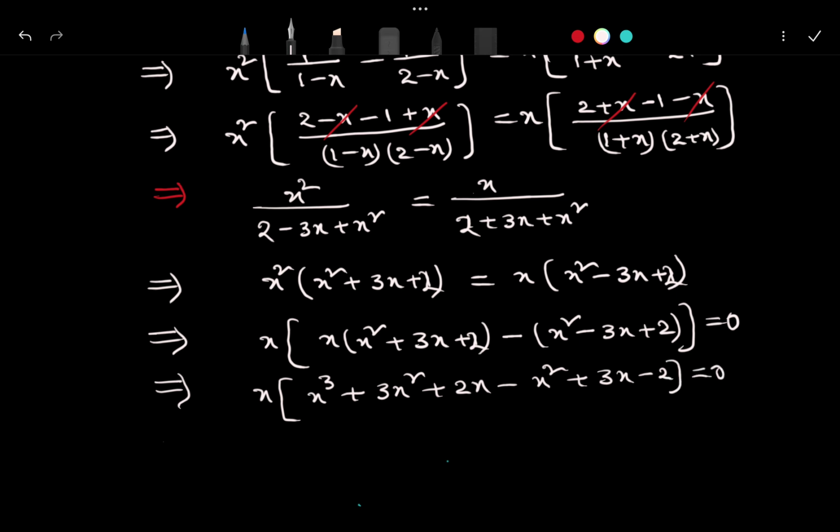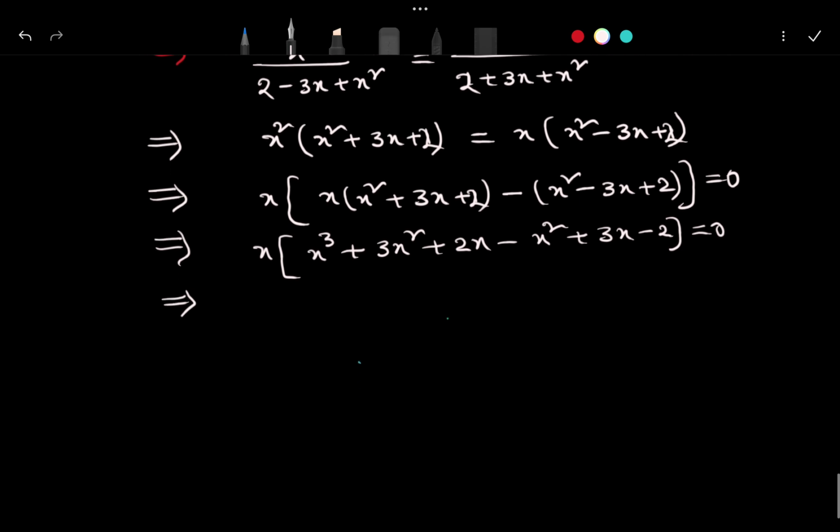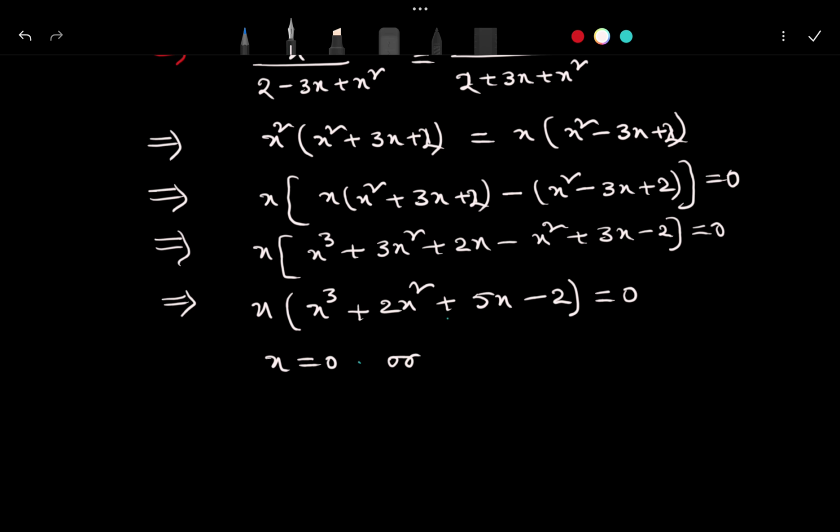Right, now you simplify this value and you will get x into x cube, 3x square minus x square will be plus 2x square, plus 5x minus 2 is equal to 0. So all of you see this. Here this value will be x equals 0 or x cube plus 2x square plus 5x minus 2 equals 0.